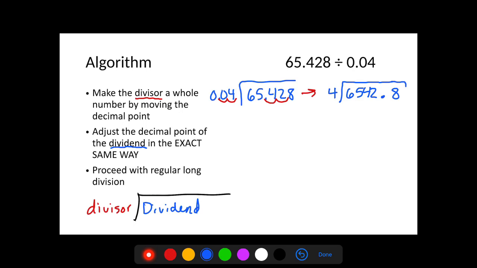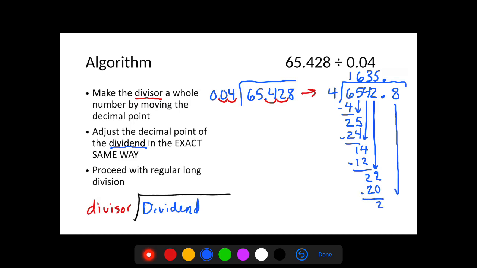So I know how to do long division when there's a decimal point in the dividend, and then as long as I make the divisor a whole number, I can proceed as normal. So the answer to my problem is 1,635.7.